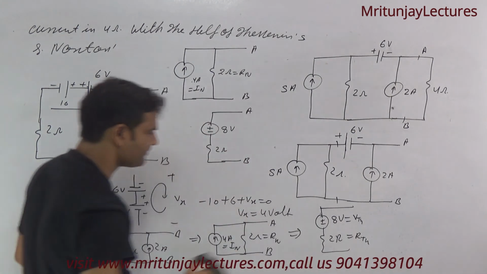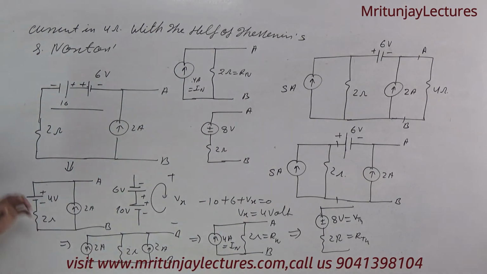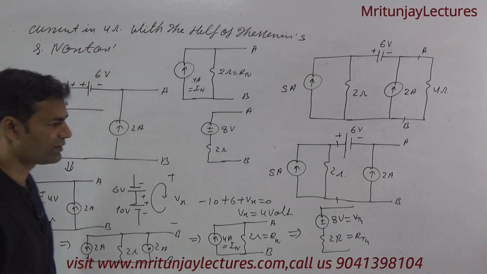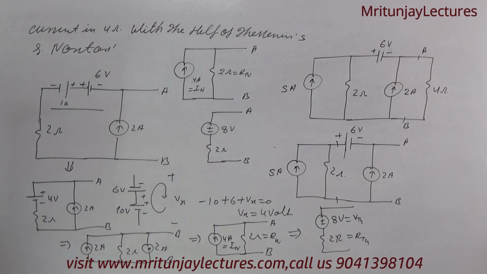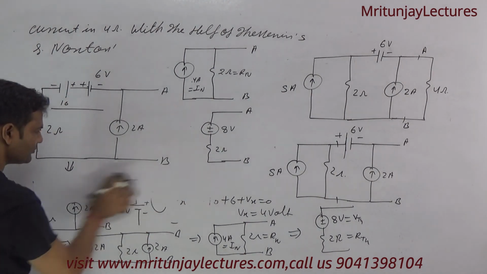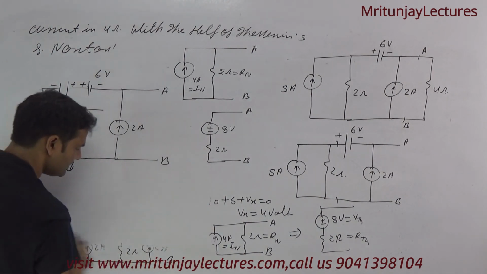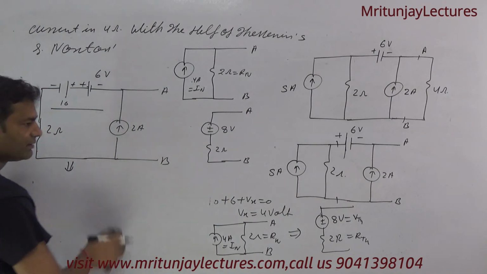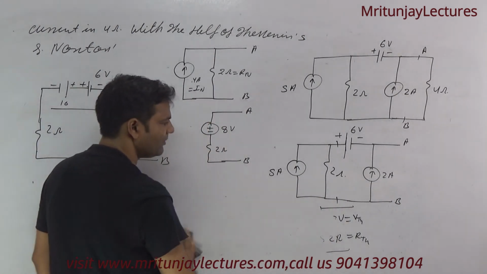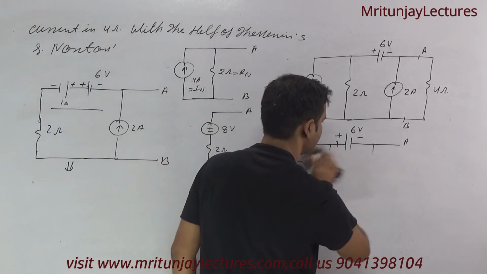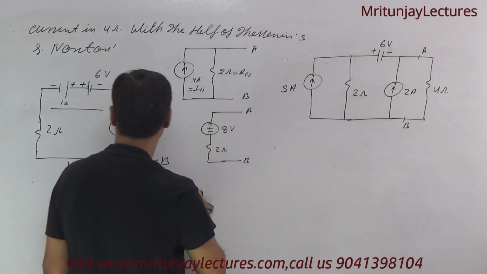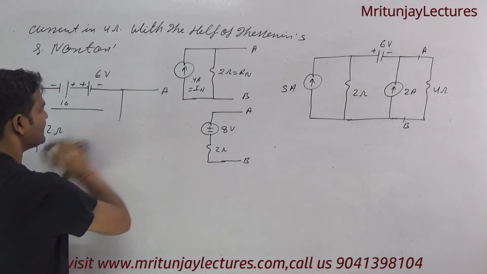So clear or not? We got this with the help of source transformation, a very simple way. Otherwise, you can also find it with the conventional method. I have already done that, so we are not explaining it here.